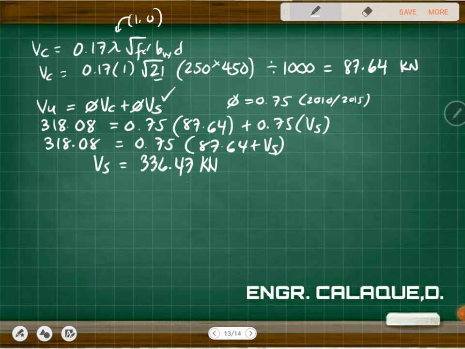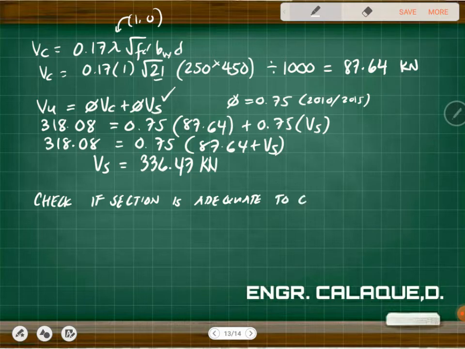And we're going to check if section is adequate to carry yung shear. So, ganun, no?